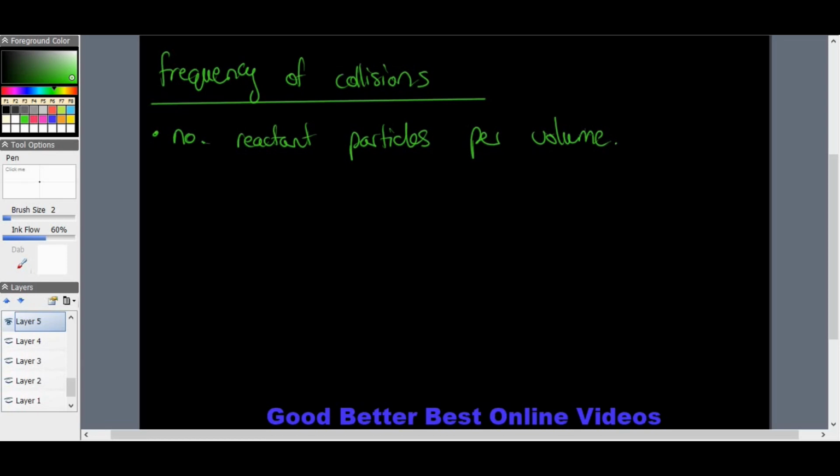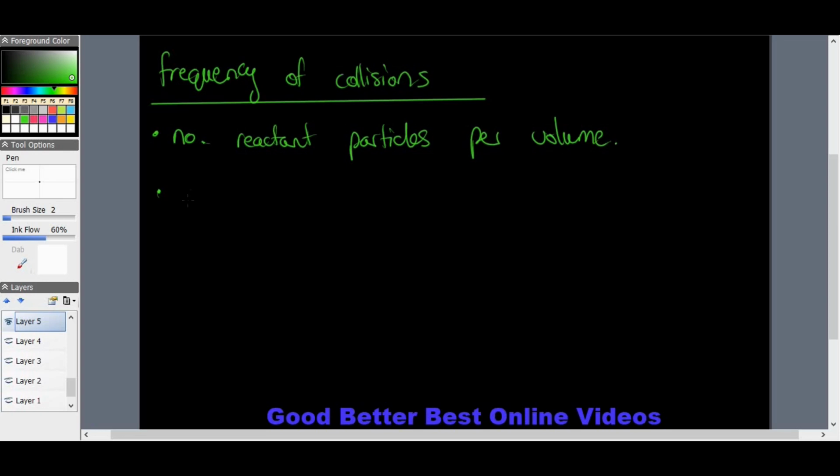Because if you increase the pressure, it'll have a higher concentration. At a high pressure, the gas particles will be compressed into a smaller volume. If your volume is smaller, your concentration will be higher. So the particles will collide more frequently, which will obviously result in more effective collisions per unit time.